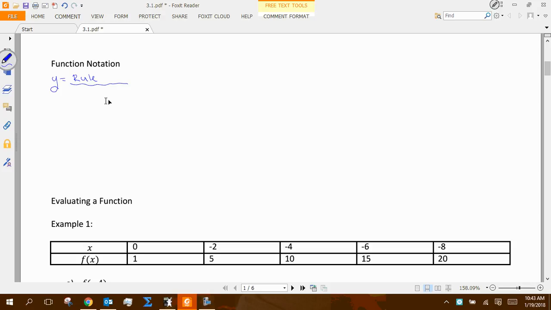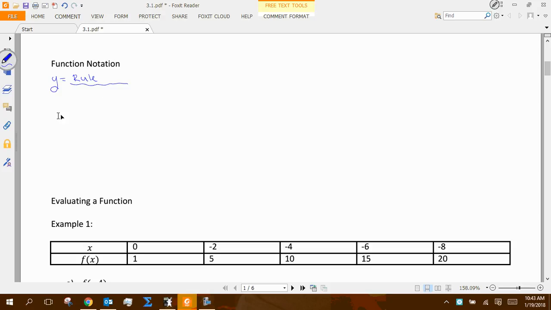Some of those things that we've graphed in the past have been functions, and some of them have not been functions. As we move through this course, it's going to be useful, before we do anything, to look at the problem that's being provided. If there's a certain notation in there, that notation may give you insight on whether the graph of what you're looking at is a function or not.